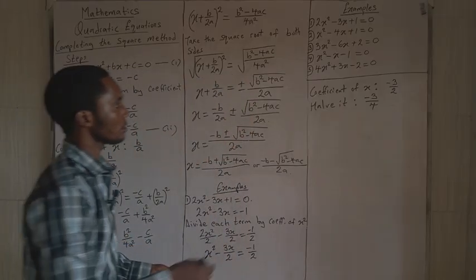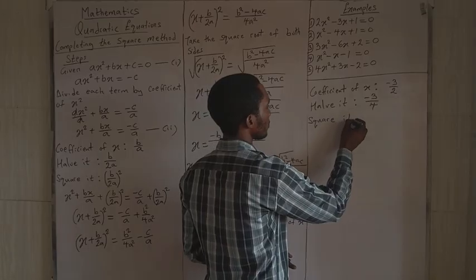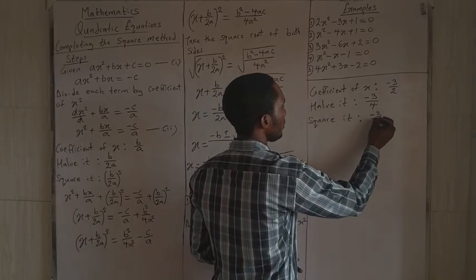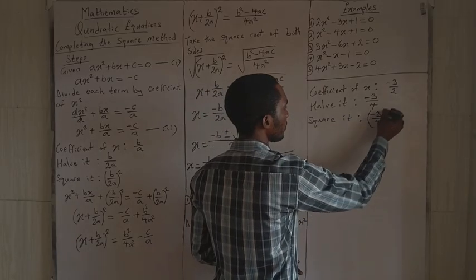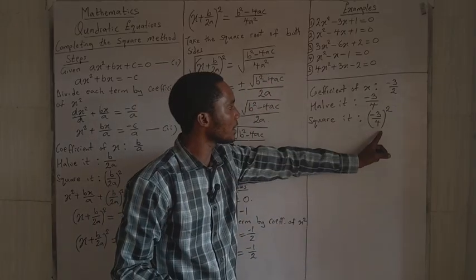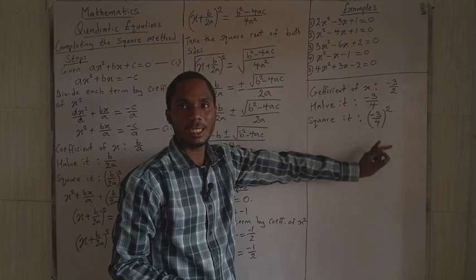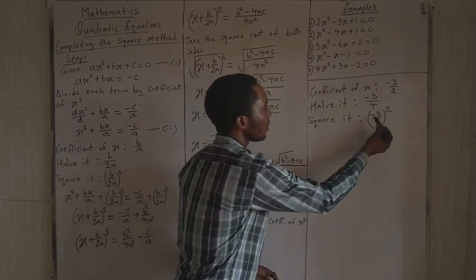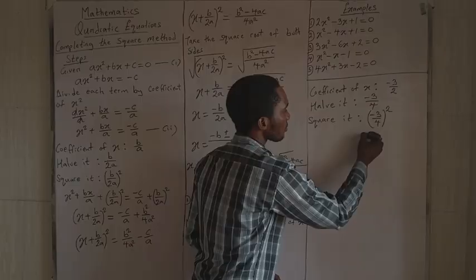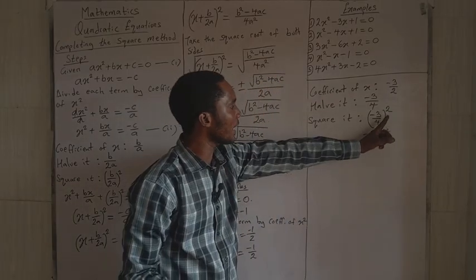Square it: (minus 3 over 4) squared. Always leave your results like this if you have minus. As we have minus here, leave the result like this. Don't make the mistake of taking the square of the minus; we have (3 over 4) squared. Always leave it like this.